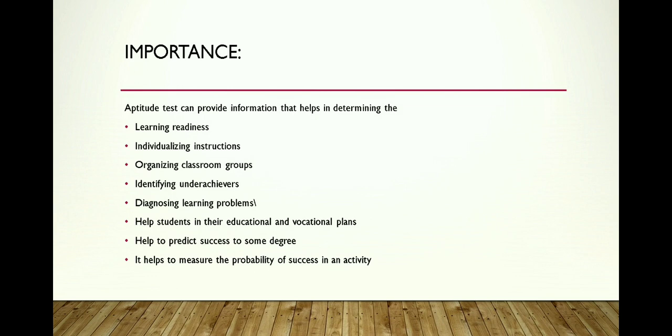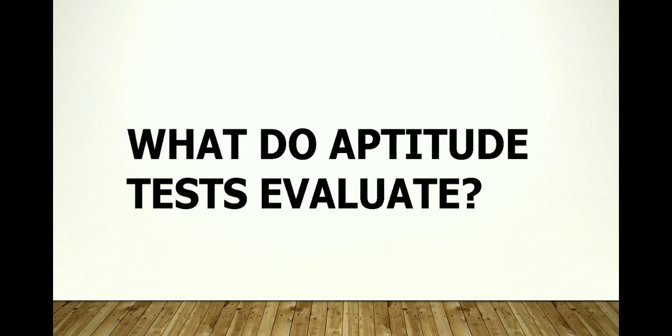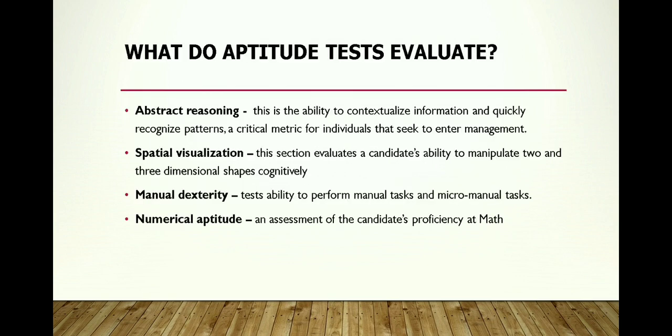So this leads us to the question, what do aptitude tests evaluate? Here are examples of what aptitude tests evaluate. We have abstract reasoning, spatial visualization, manual dexterity, and numerical aptitude. Yung una po ay yung abstract reasoning.